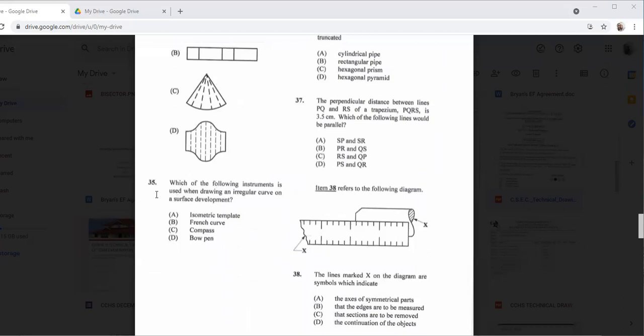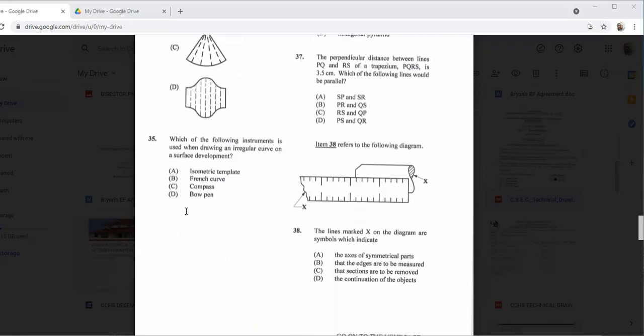This one, 35. Sir, B. Oh, sir, is it B? French curve?